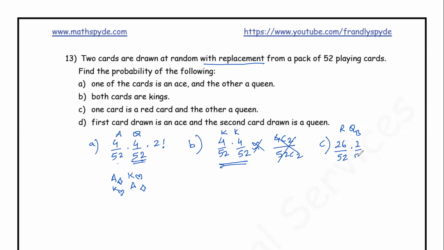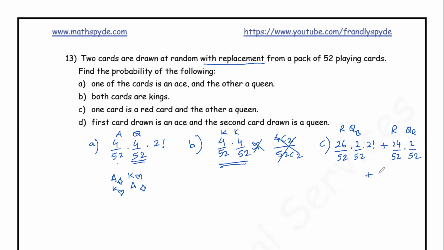So 2 by 52, and obviously into 2 factorial. So don't forget that part, because you can have the black queen first. And then plus you have the reds, but this time without the red queen. So it'll be 24 by 52. And with red queens, you got 2 upon 52.